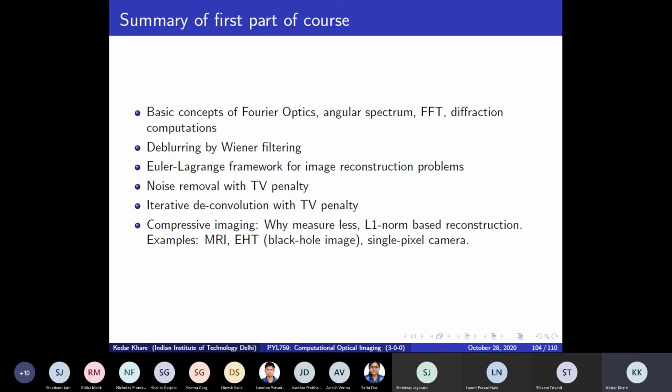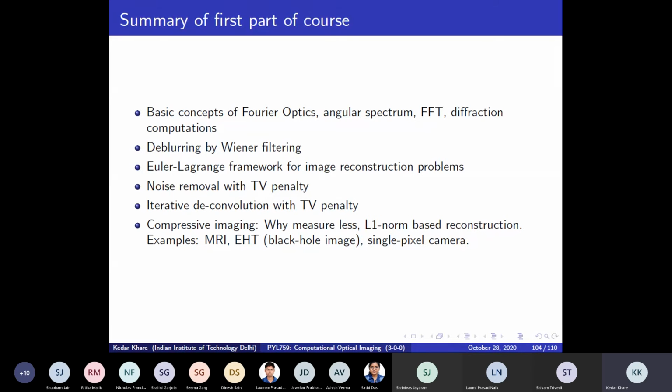Then we went on to the Euler-Lagrange framework for image reconstruction problems, and I looked at a few problems like the noise removal problem and the iterative deconvolution problem with TV penalty. And then for the last few lectures, we have been discussing the important topic of compressive imaging: why measure less, and what this L1 norm-based reconstruction allows you. The examples I have looked at are the MRI, the Event Horizon Telescope, the single pixel camera, etc.